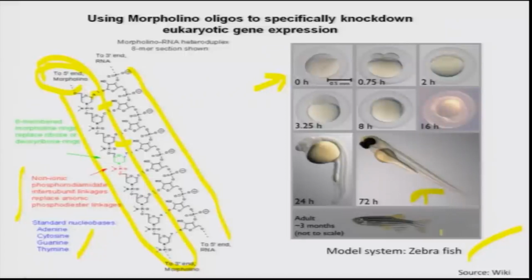Therefore, you can follow the development under a microscope, unlike for example mouse. The development happens within the system, the uterus, then you cannot follow, but here it is external. Therefore, if you really want to study the genes that are involved in the early development, this is one of the best models, because it is a vertebrate and has external fertilization, external development, and the entire process is translucent.